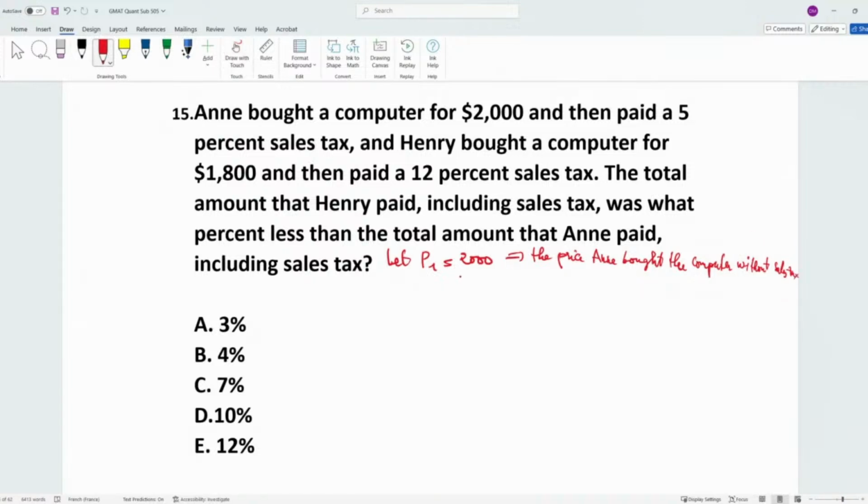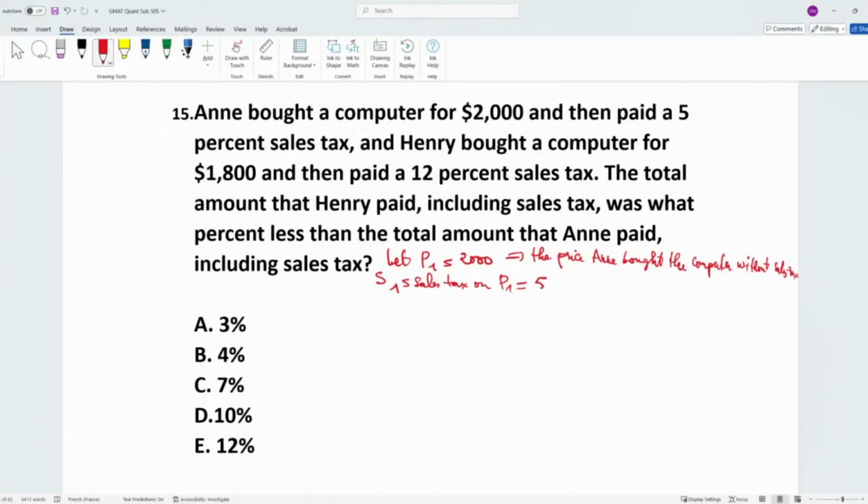Then we have S1, which is going to be the sales tax on P1, on the 2,000. It says that she paid 5% sales tax on the price.